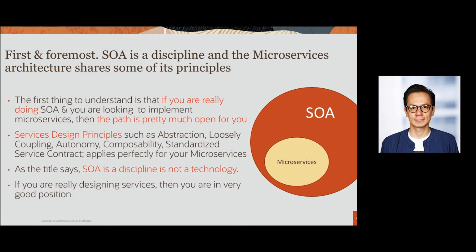So that's my point. But on the other hand, if we just get back a little bit and hold our horses, if you will, SOA is a discipline, all right? SOA is a discipline and it is an architecture. And ultimately, what we are trying to do is build software. But nowadays, more than ever, we are building distributed pieces of software, right?